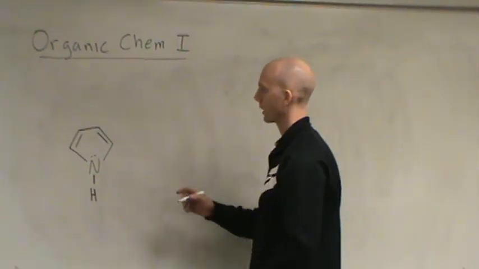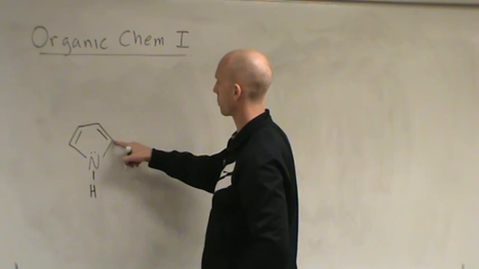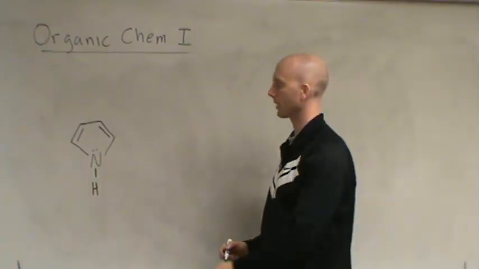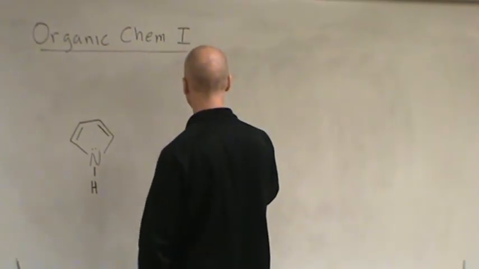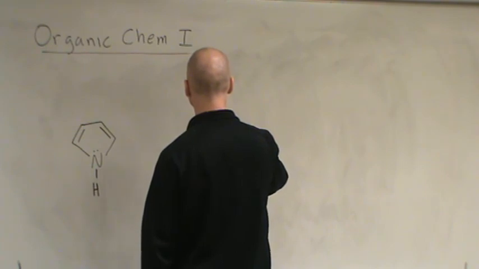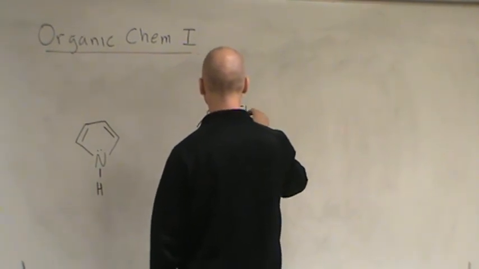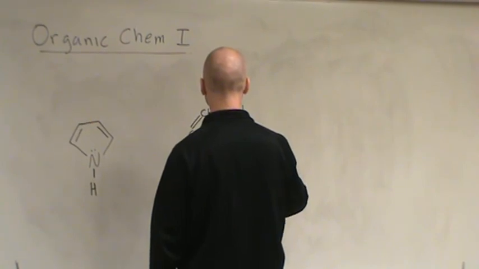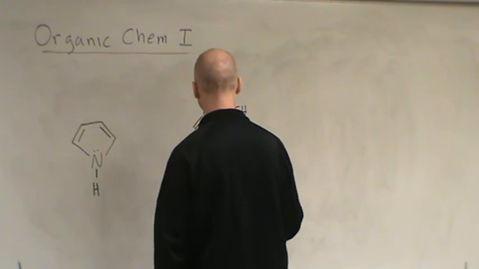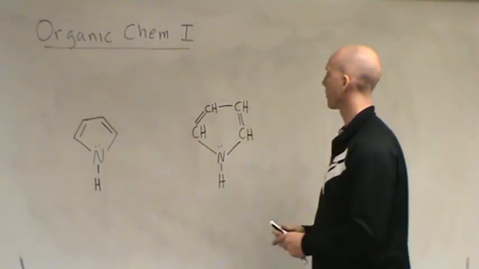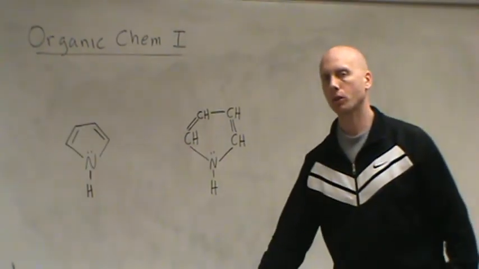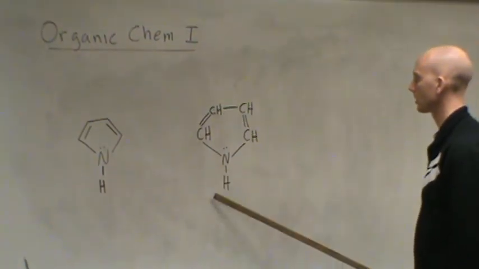Can we do that? So these 4 carbons here would each be what? CHs, right? Because they've used 3 bonds each. So there would be the structure showing all of these atoms.